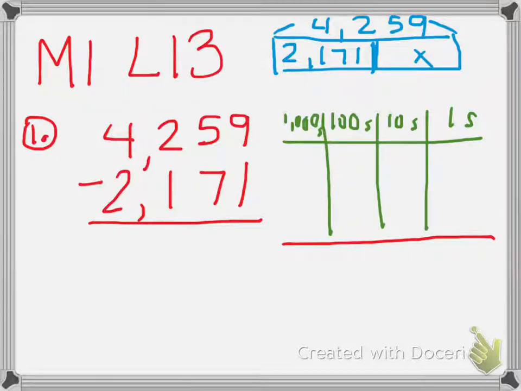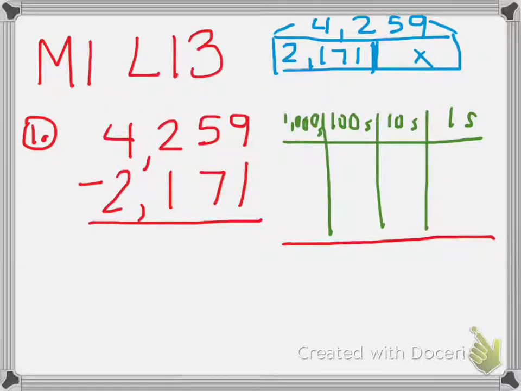Okay, so first of all, remember, when we do subtraction, the biggest number always has to go on the top. And we do also have to make sure we line up our place values. We have to line those up, or else our problem is not going to work.